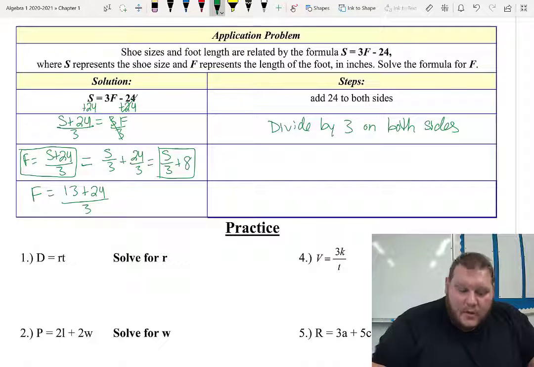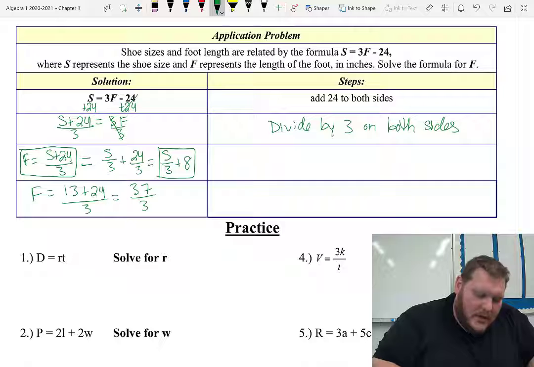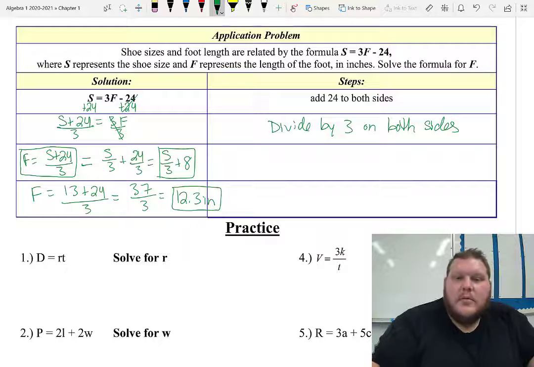So 13 plus 24 is 37, all over 3. So I am estimating, based on the equation, that my foot is just over a foot long, 12.3 inches.